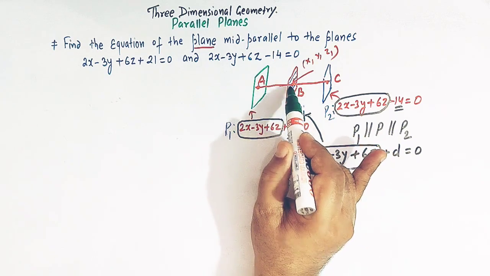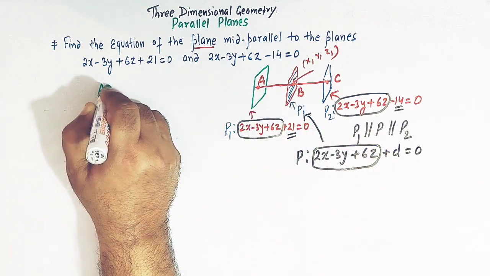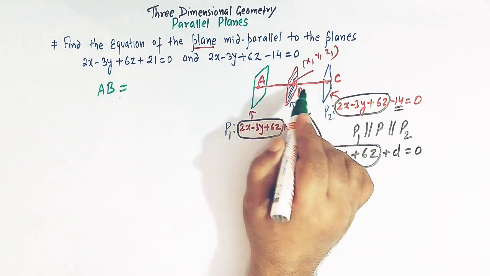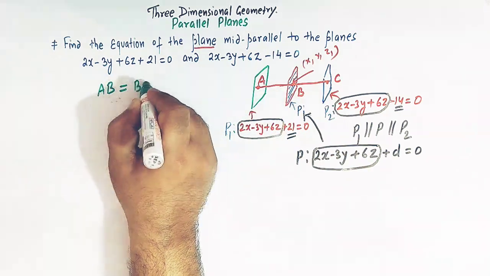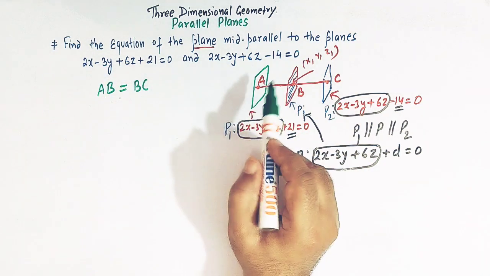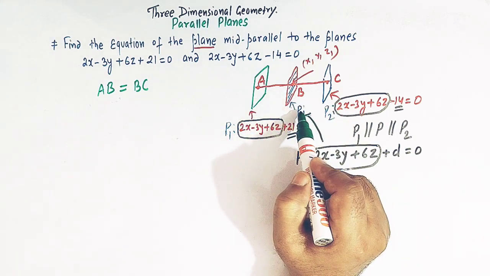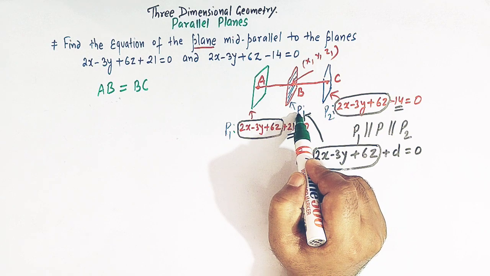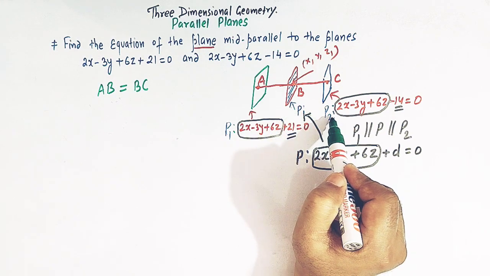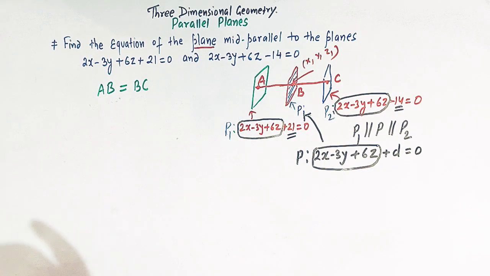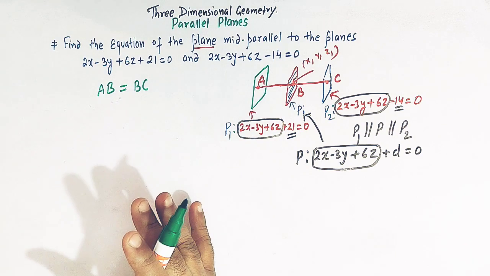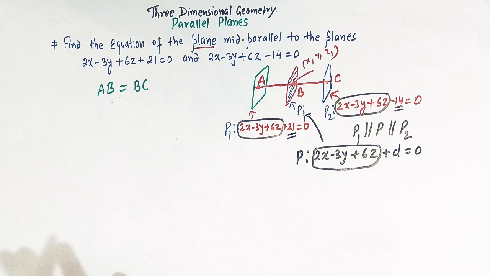So it implies that this distance AB must be equal to the distance BC, right? So here the distance between the planes P1 and P should be equal to the distance between the plane P and P2, right? So here we'll also utilize the concept of distance of a point from a plane, right?